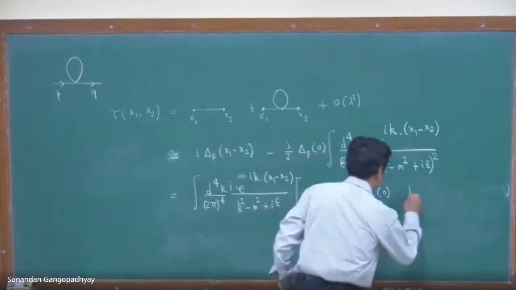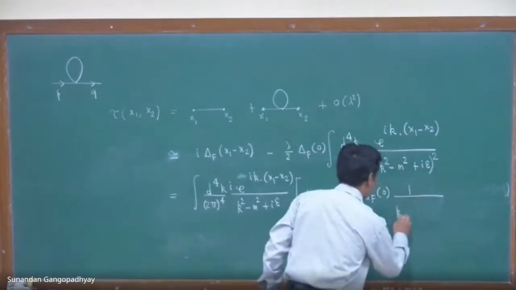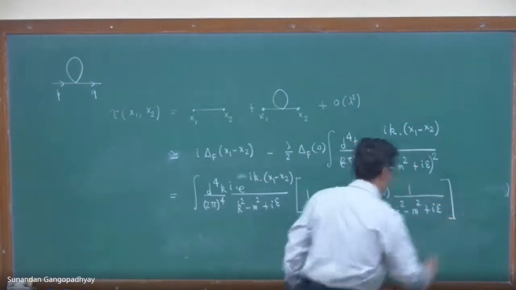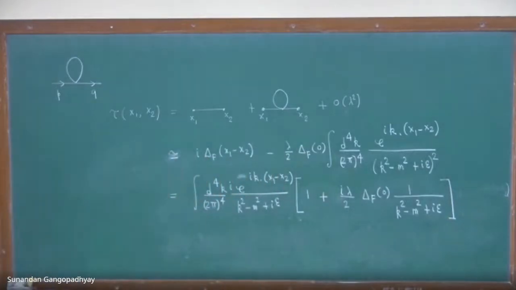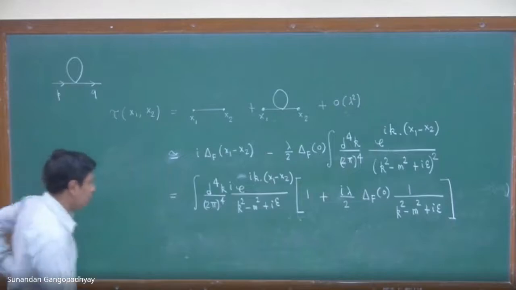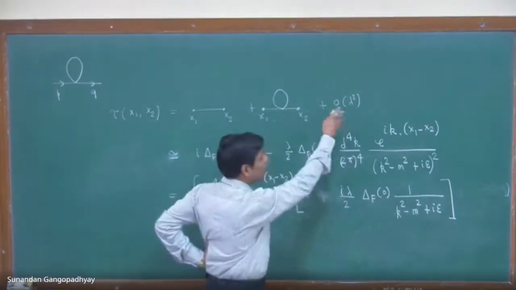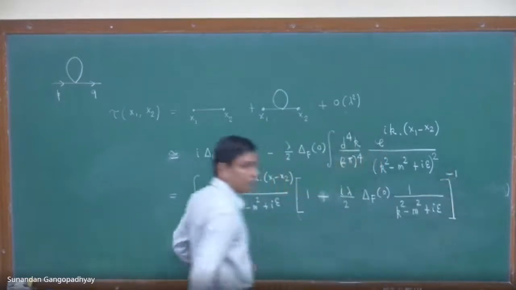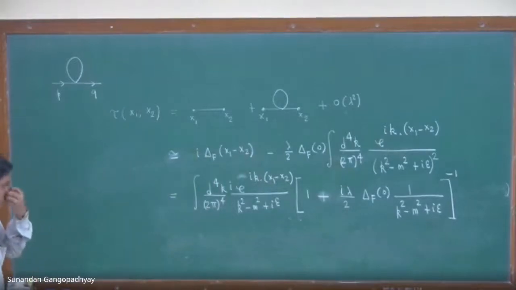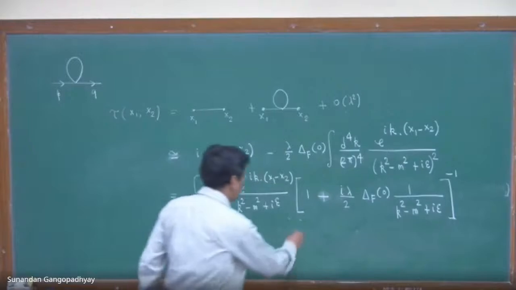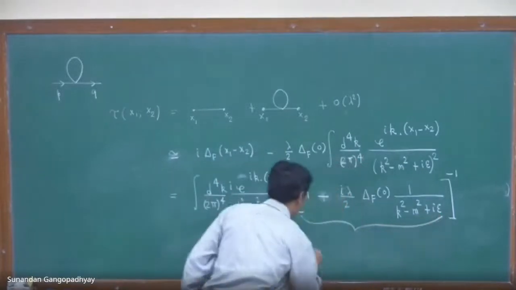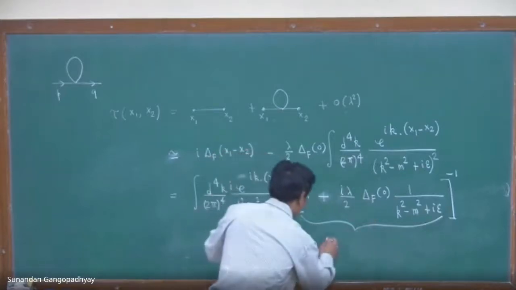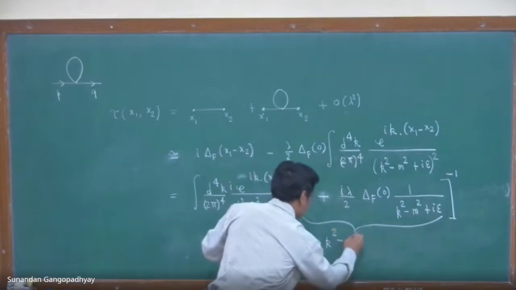Then we have straightforward algebra. Now I shall just perform a simple trick. Since we are calculating up to order λ squared, I will just write it as minus e to the power minus 1. That is fine, and then we can simplify this down. If you take the inverse, what will happen is the following.